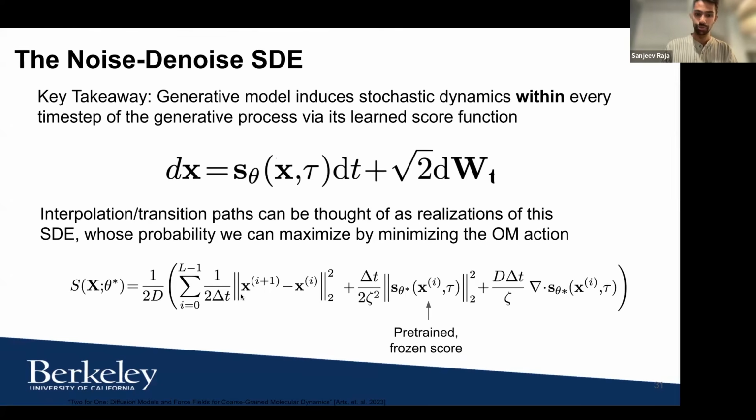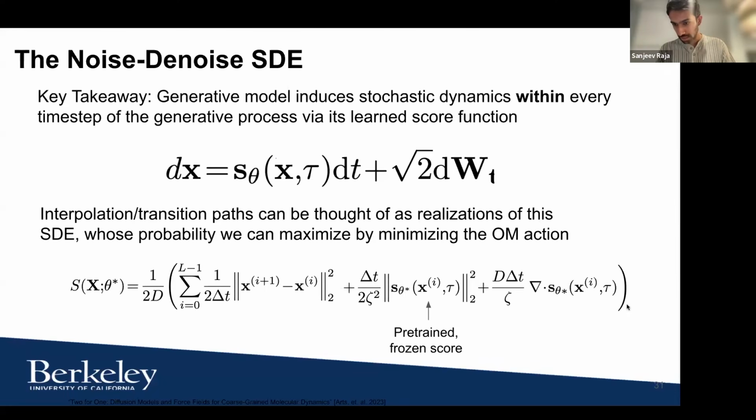So when you increase delta t, you would downweight the path term. Whereas if you're taking very, very small time steps, then you're going to upweight this path term, because if you're taking very small time steps, you better have points that are very close to each other. And there are similar explanations for these other terms here.